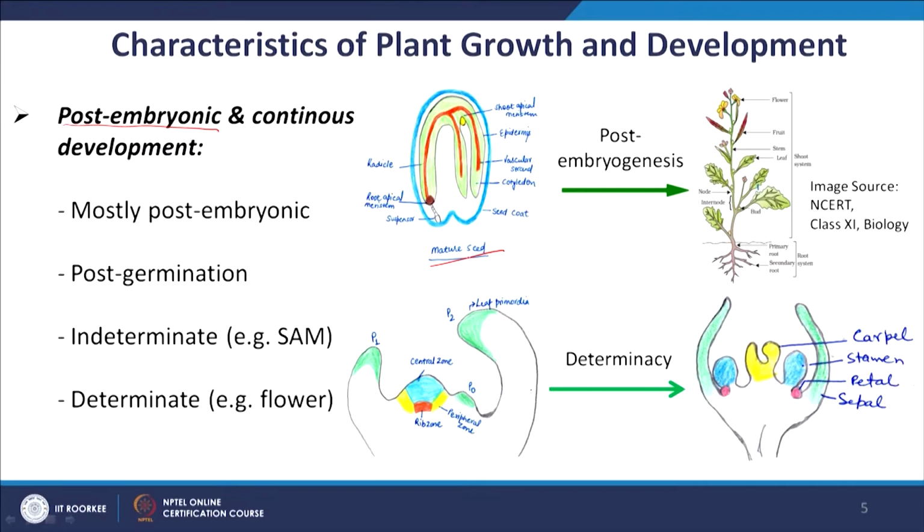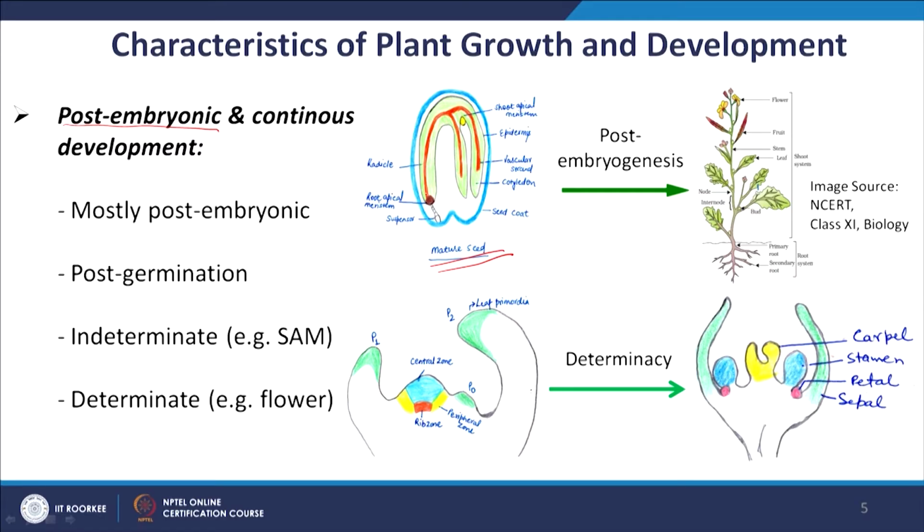This is in contrast with animals, where most of the primary development is completed during embryogenesis. Whereas in the mature seed which contains the embryo, not much development occurs.